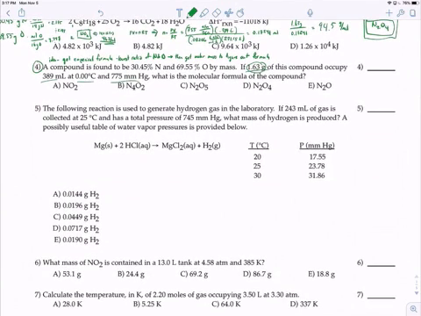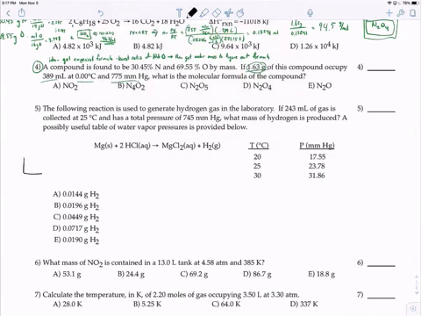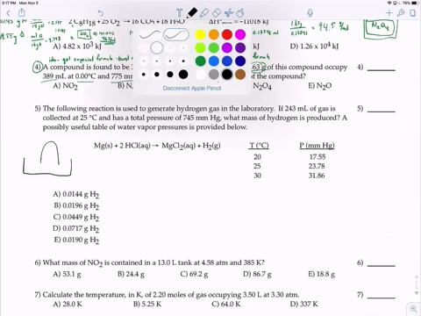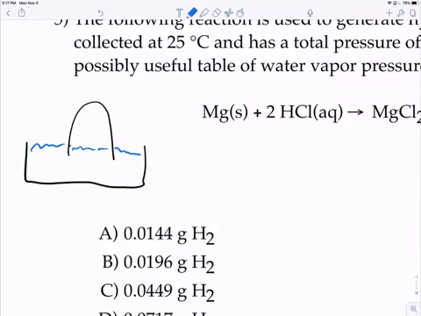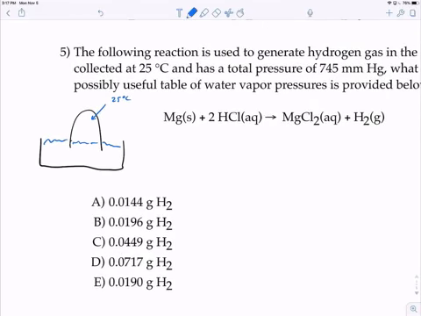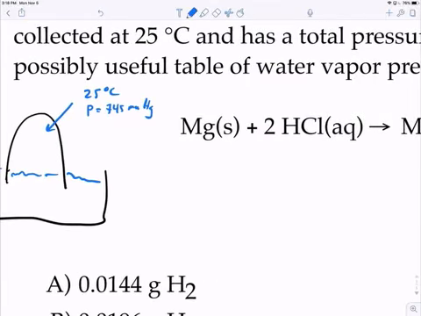Okay. Let me draw a picture for this one. Have a vessel, and then this vessel is in water, all surrounded by water, and in here it's 25 degrees Celsius, and the total pressure is 745 millimeters of mercury, and 243 milliliters.